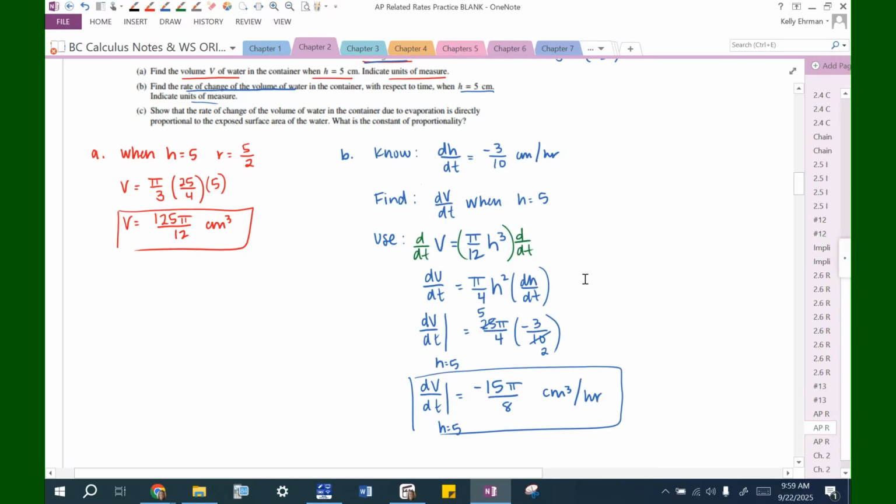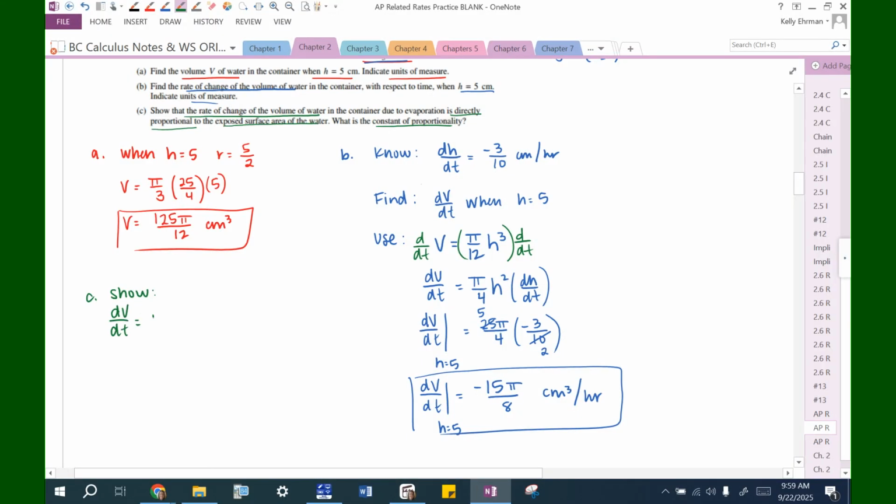All right, part C. Show the rate of change of the volume of water in the container due to evaporation is directly proportional to the exposed surface area of the water. What is the constant of proportionality? So they want me to show that the rate of change of the volume, dV/dt, is directly proportional.